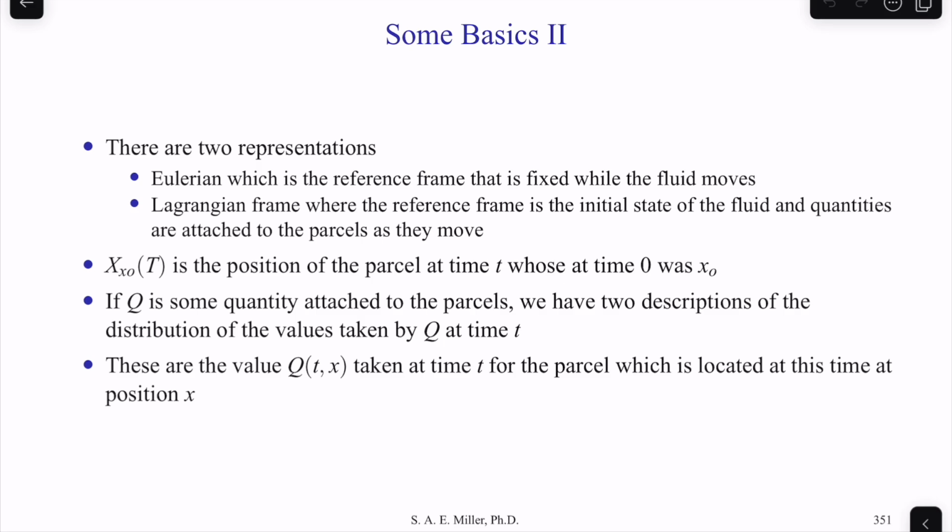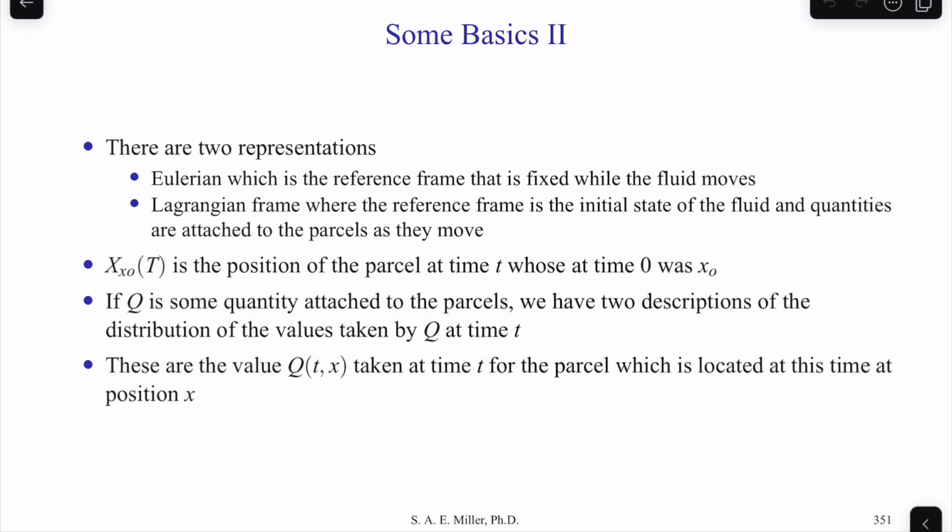There are generally two types of representations of fluids in terms of reference frames, and these are taught to undergraduate students in Fluids 1. One is the Eulerian reference frame, and the other is the Lagrangian frame, where the reference frame is the initial state of the fluid, and the quantities are attached to that particular fluid parcel as it moves.